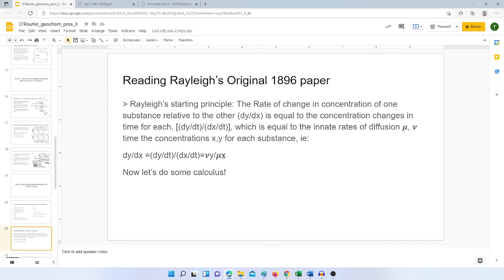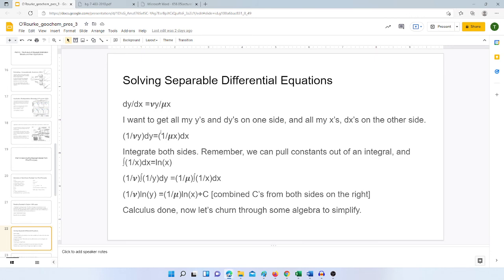This is a pretty simple separable differential equation problem. So all we do is get our y's on this side, our x's on this side, our dy's on this side, our dx's on this side, get like terms on each side, and then we're going to integrate. Now remember, a couple quick rules of integration. We can pull constants out.